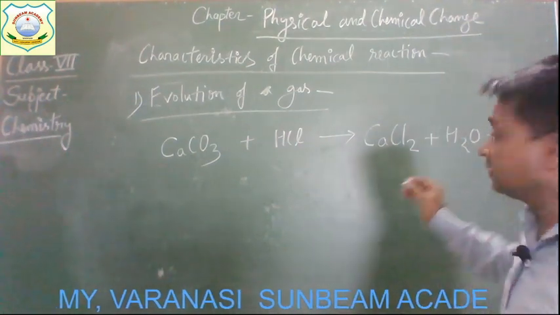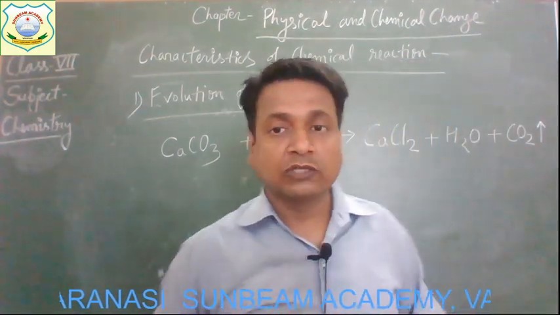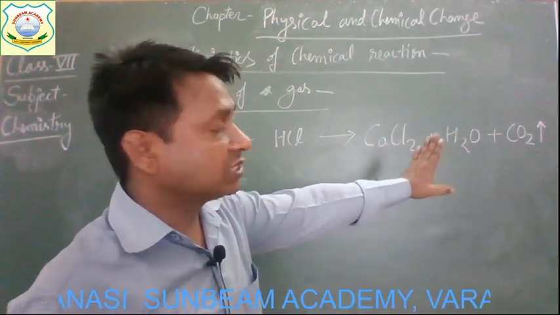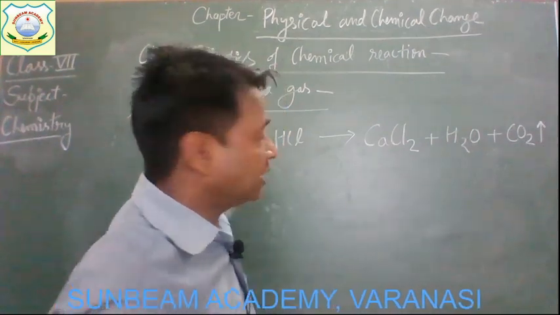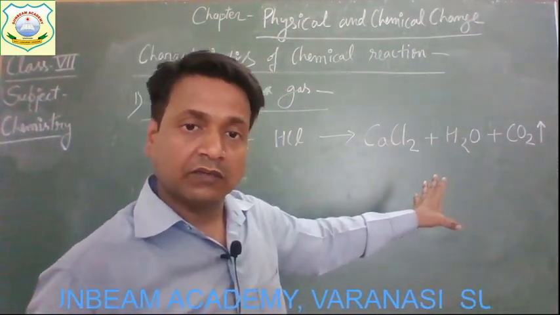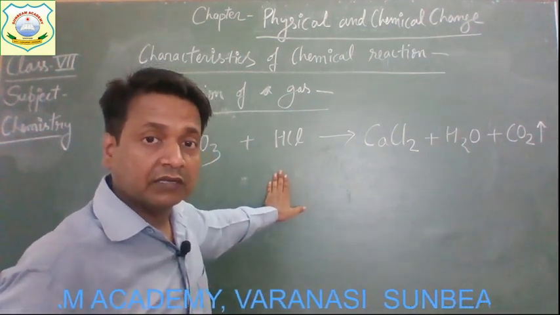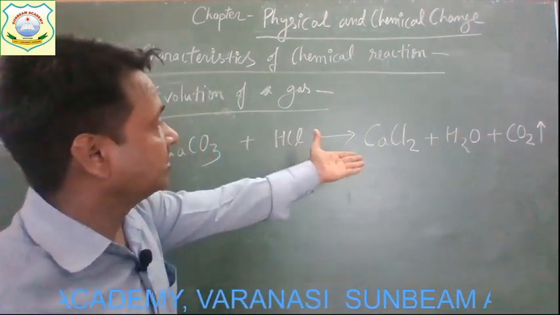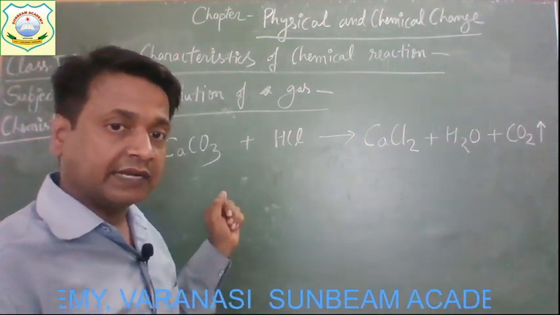So we will represent it by an upward arrow. This indicates that carbon dioxide is produced in the form of gas during this chemical reaction. This time this chemical equation is not balanced, children, so we can balance it by counting the number of atoms on the left side and right hand side.